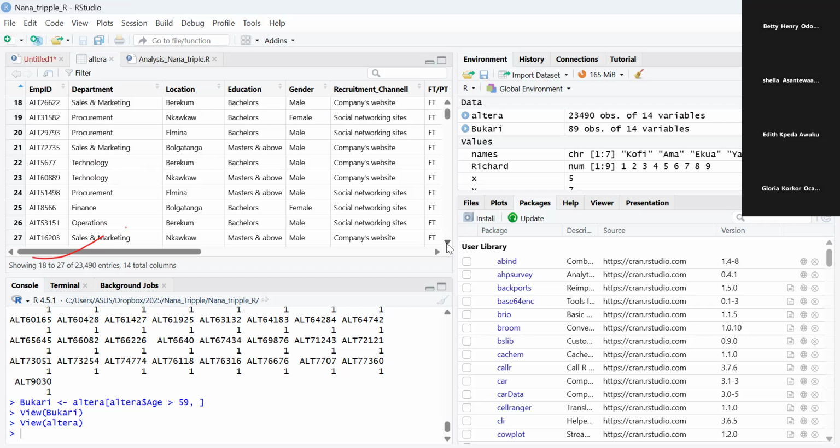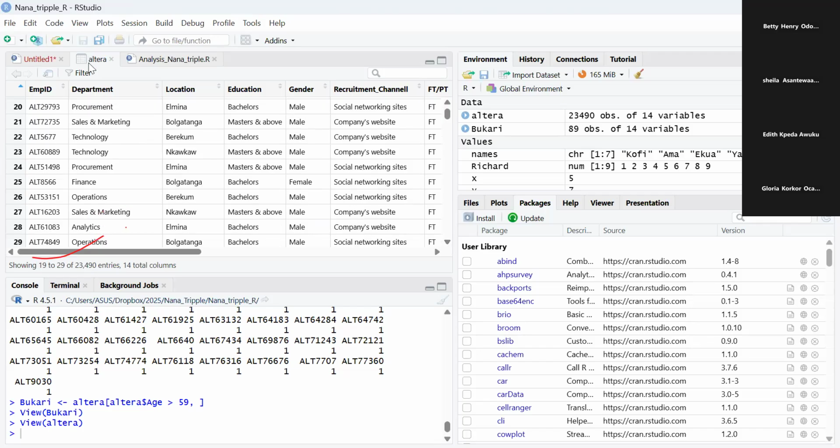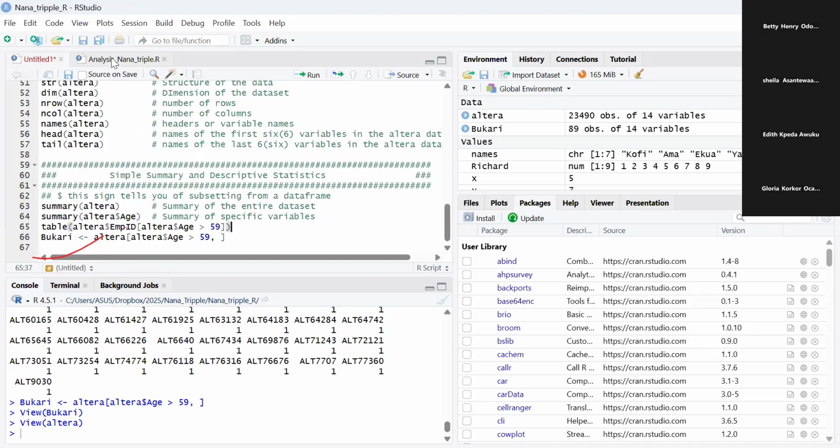If you are greater than 59 and you are 43, that one is your own. So that is how come I wrote the command to tell R that I want you to keep this, but ensure that the columns are intact. Don't touch the columns. That is how come I put the comma and left it this way.